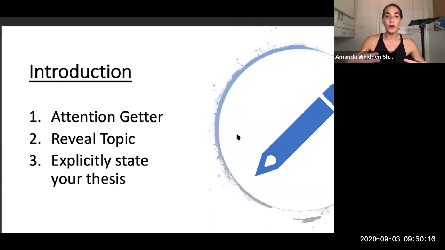And then all we are going to do is clearly communicate what the speech is about and what we are doing. And so the 3 things that each of you are going to work to create for this speech in your introduction are the attention getter, the reveal of the topic, and then explicitly stating your thesis. The first thing that you give is always going to be the attention getter.